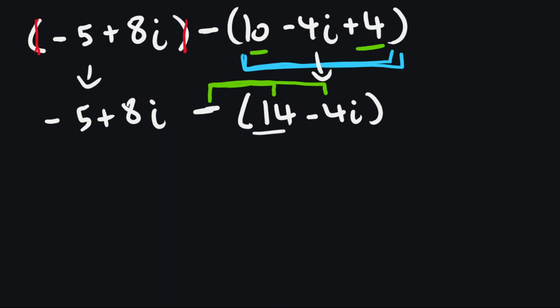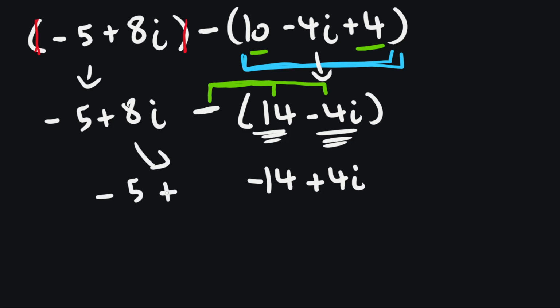So positive 14, what's positive 14 flipped? That's negative 14. And negative 4i, what's negative 4i flipped? That is positive 4i. And let's bring down everything else: negative 5 plus 8i. Perfect, we're getting close.